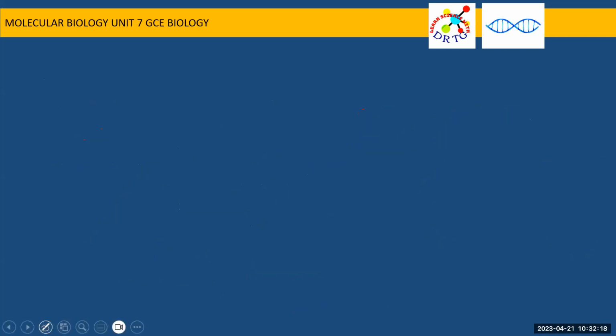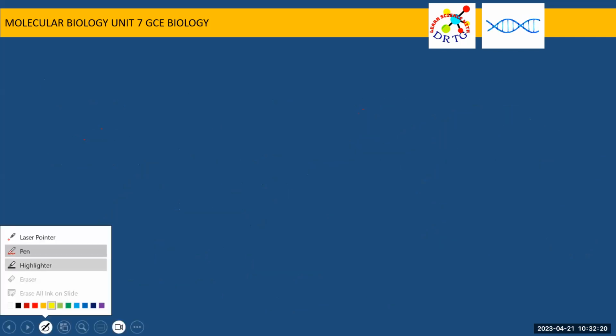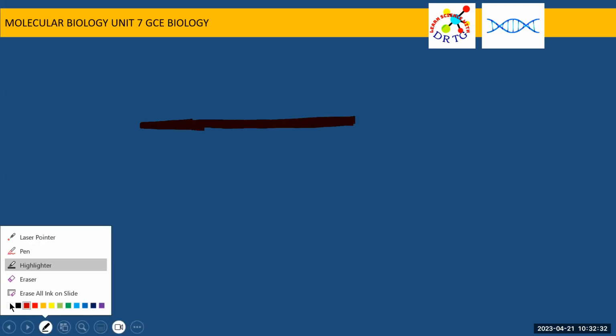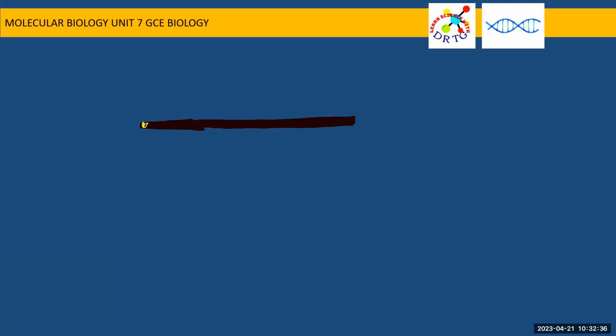Okay, for that, I again show you this region. This is a gene and it has two regions. Here it represents 3 exons and 3 introns.